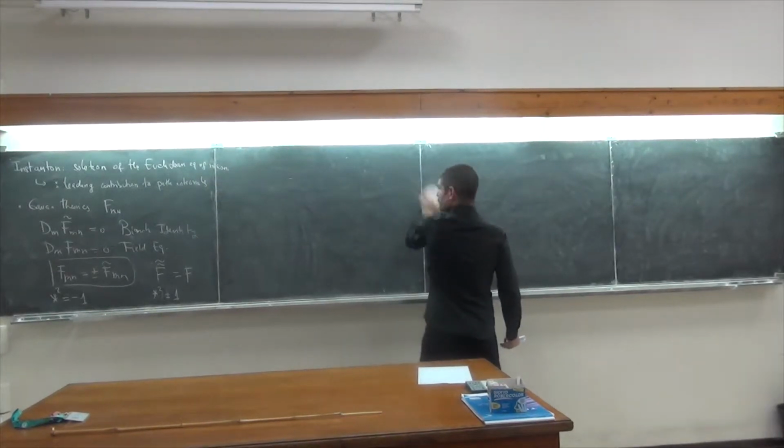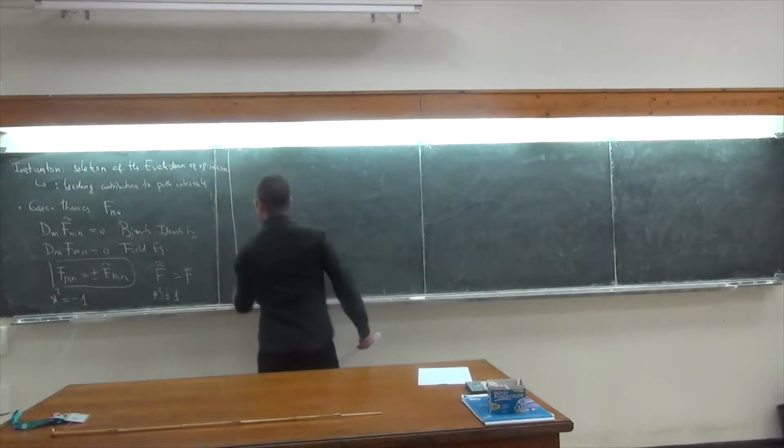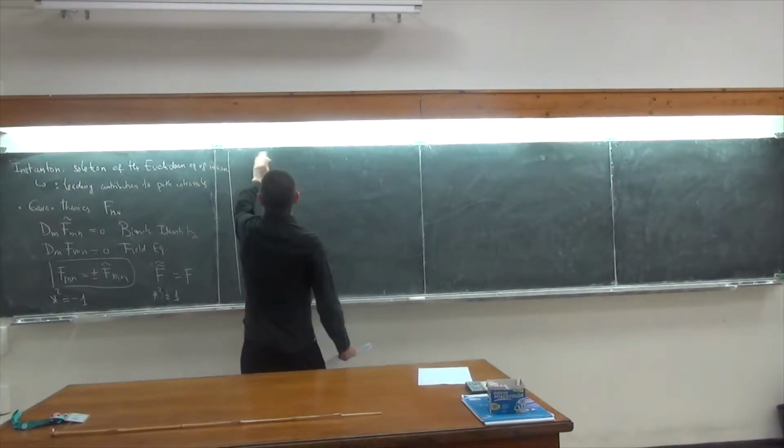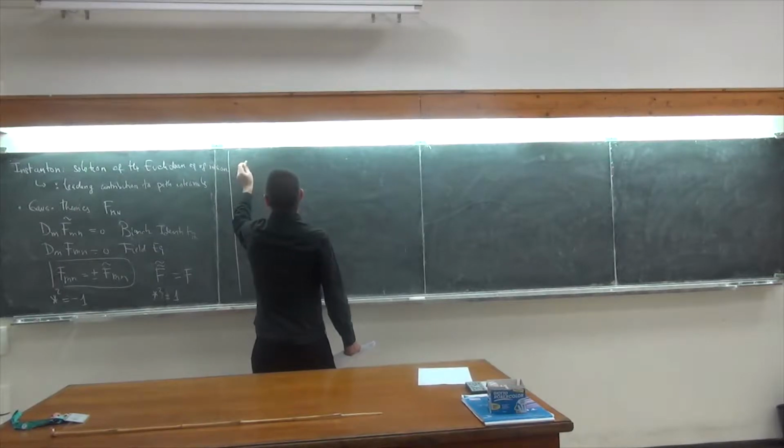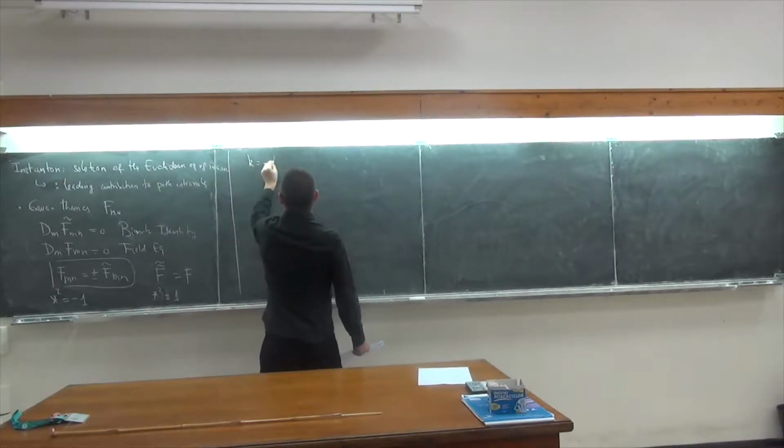Then the next step was the observation that the instantons are classified by this number, K, which is a topological number.